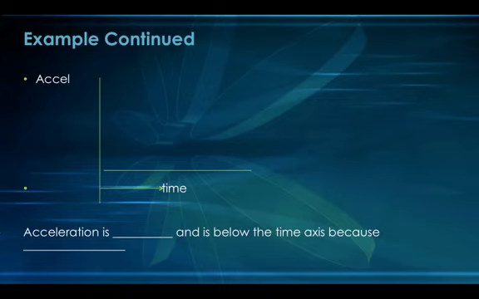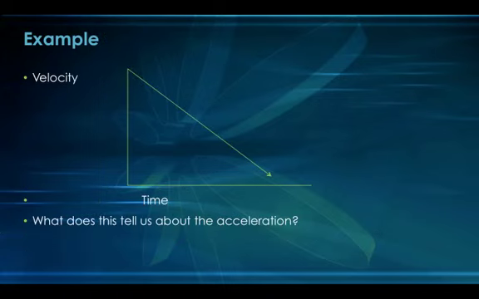All right, so now we're going to go back and let's look at this VT graph again. Okay, so we want to put this into a position versus time graph. So you have to remember that in a position versus time graph, in a DT graph, slope is the same thing as velocity.